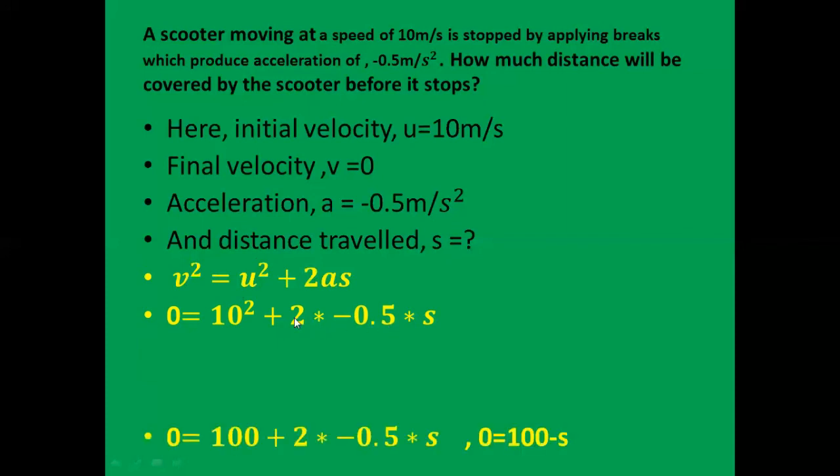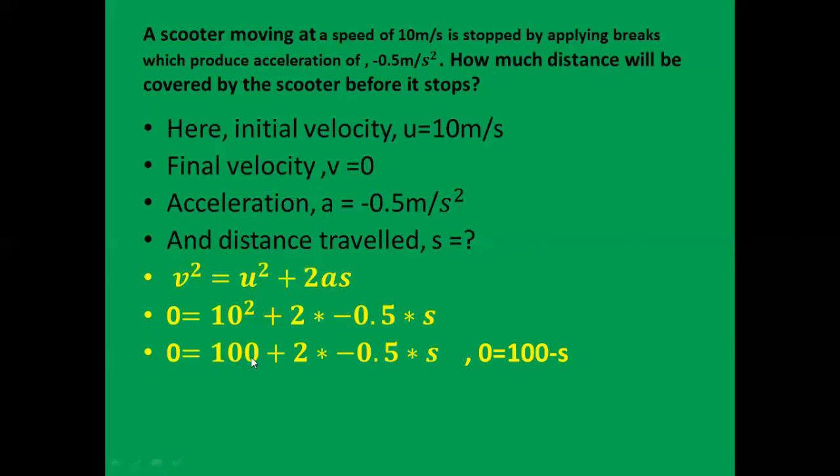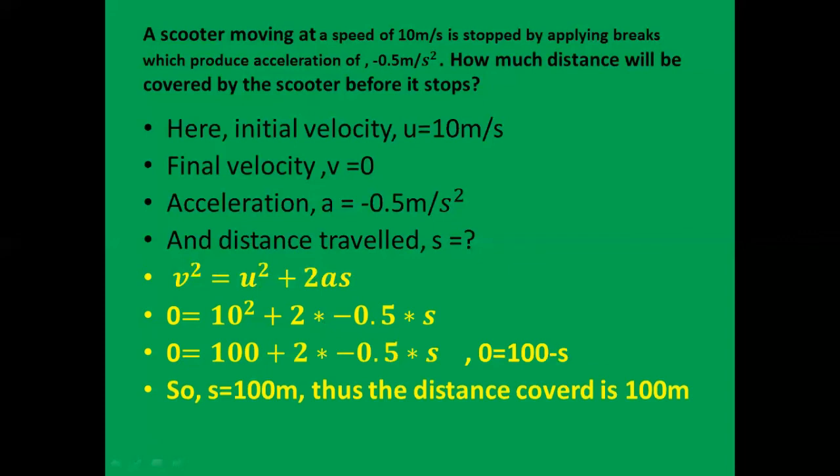So it will become 100 plus 2 into minus 0.5 into s, so it will become 100 minus s. So 0 is equal to 100 minus s. So we can write s is equal to 100 meter. Thus the distance covered is 100 meter.